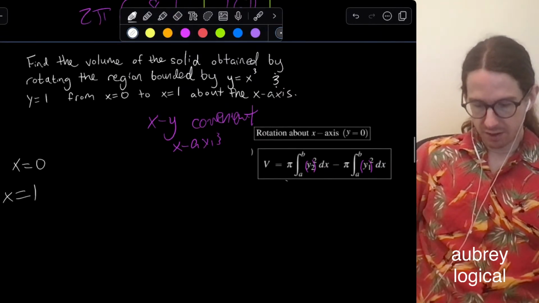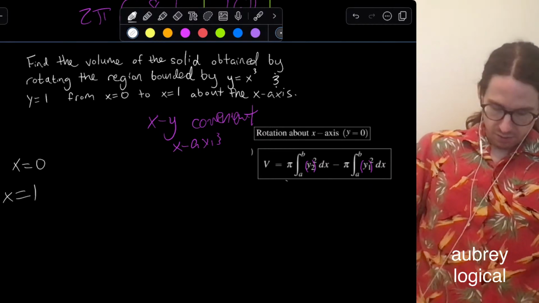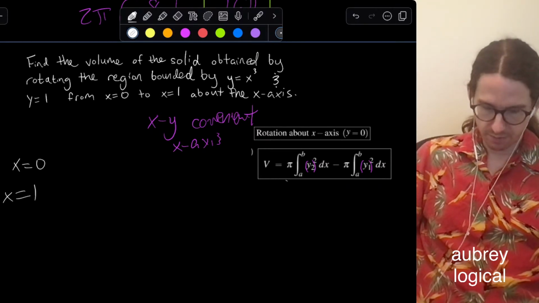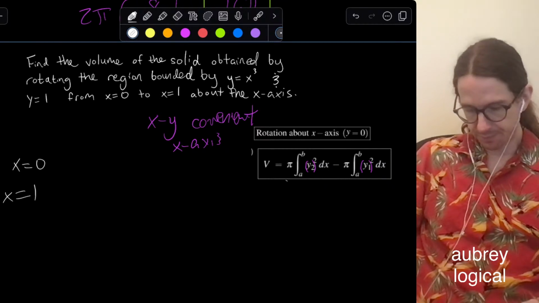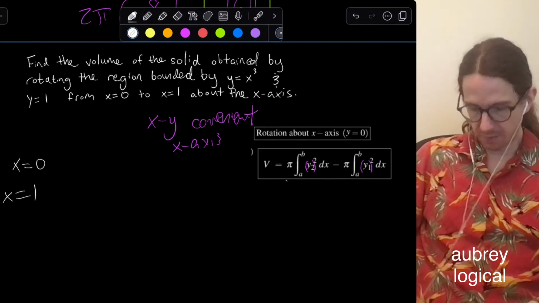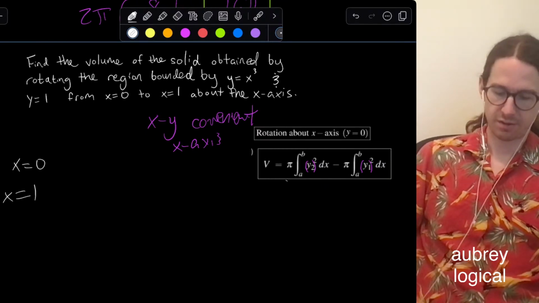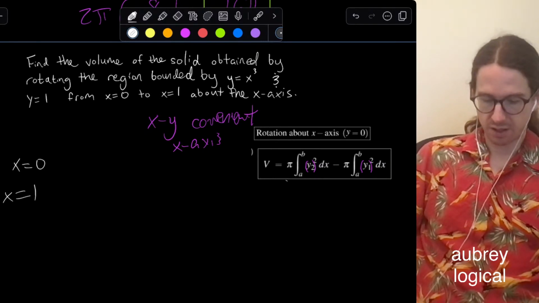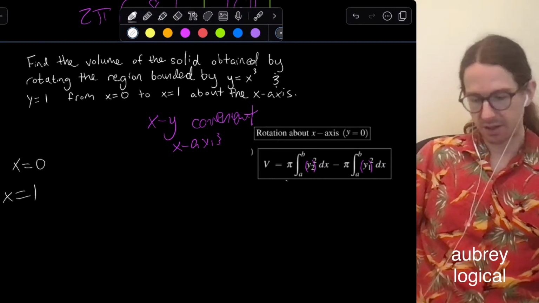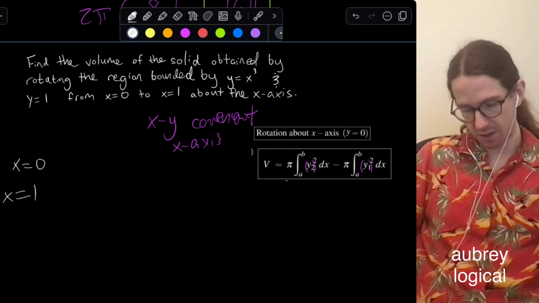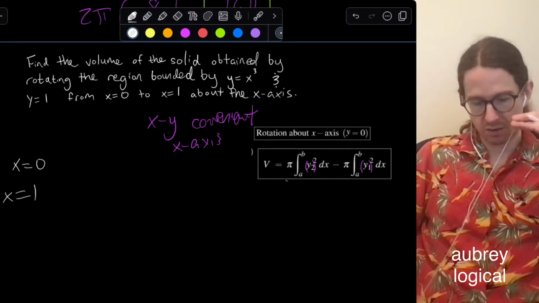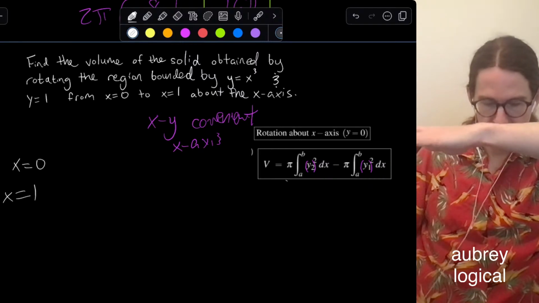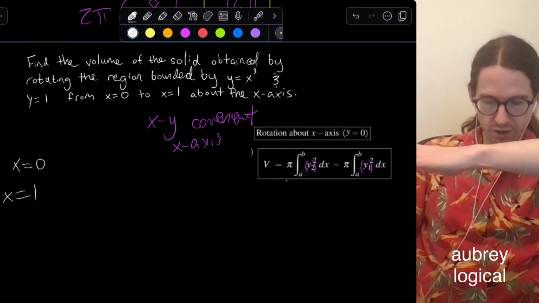Let's figure out which equation is on top. Okay, so between 0 and 1, y is gonna be equal to 1. So it's gonna be flat horizontal across the x-axis at y equals 1.